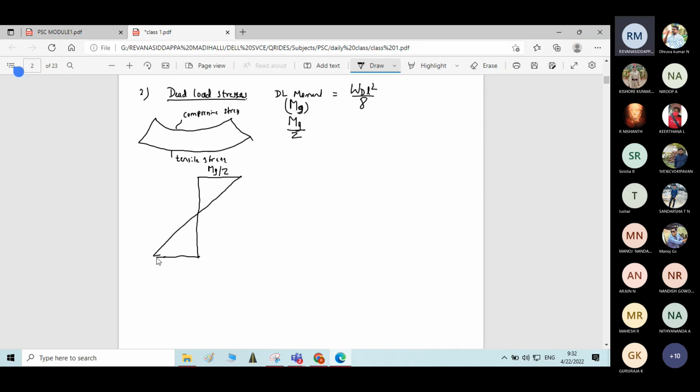So this is the nature of stress distribution due to dead load stresses. This is MG by Z. Here it is positive, here it is negative. This is how we find the stress distribution due to dead load of the beam.